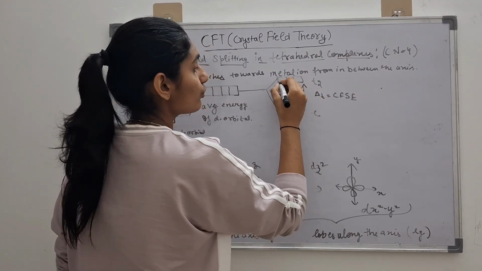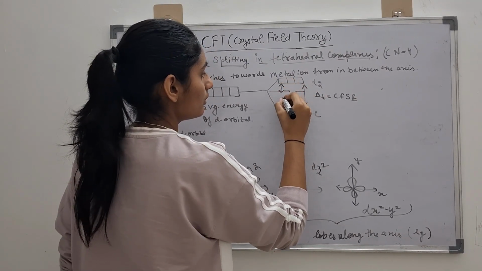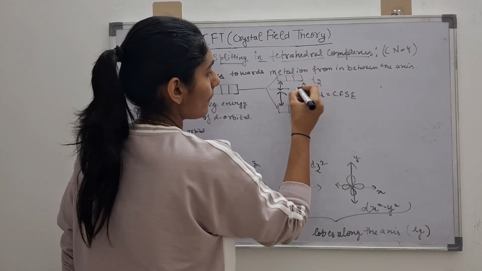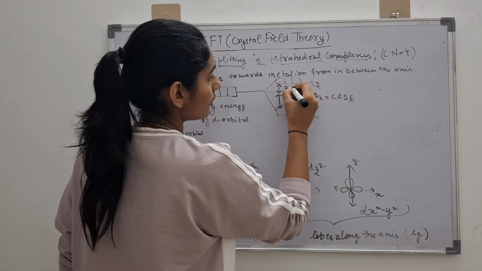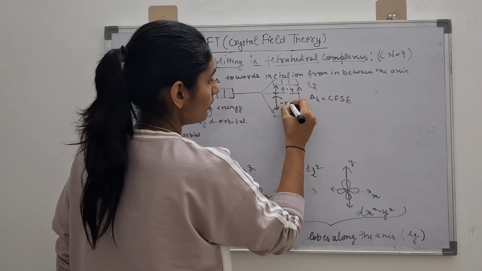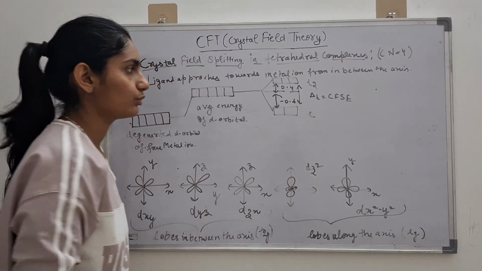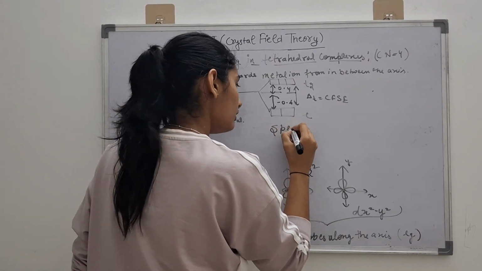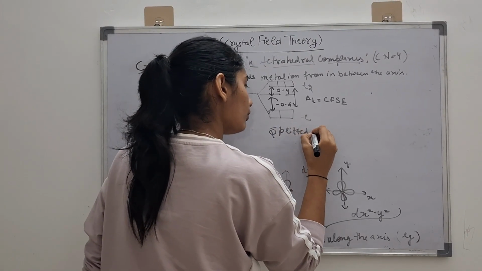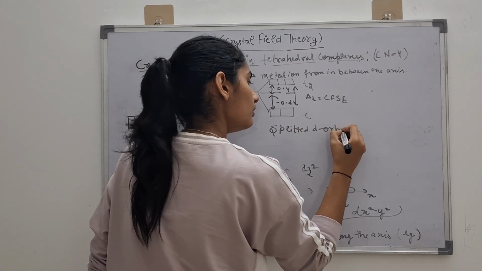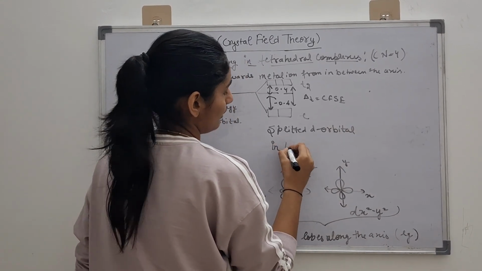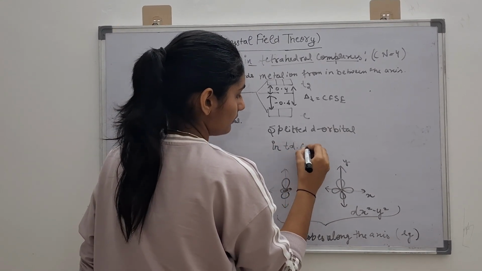And the redistribution of energy in this case is plus 0.4 and minus 0.6. So this is the splitting of the d orbital in tetrahedral complexes.